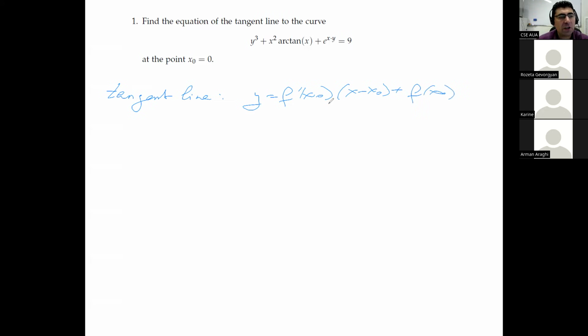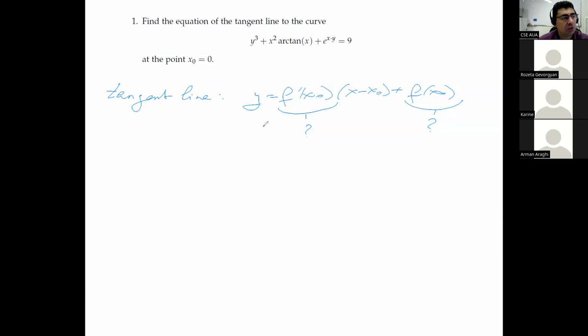Okay. To find the equation of the tangent line, we have to calculate the slope and the value of our function. In this exercise, our function f is not given explicitly. So we have an implicit function here.